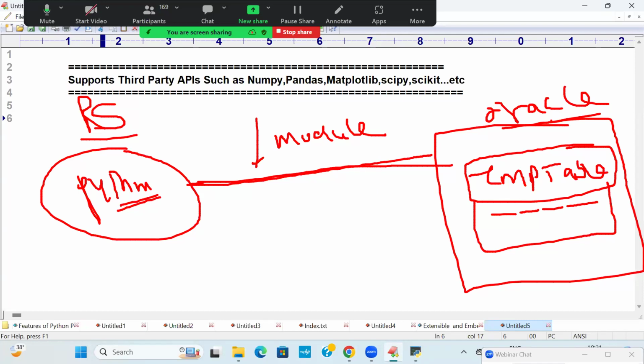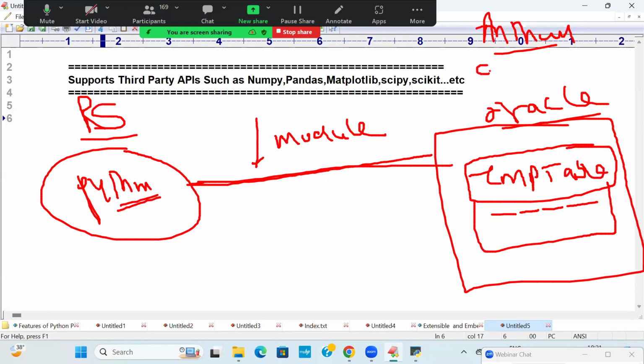So, what next? Since he did not develop one, we cannot stop communicating with Oracle. So what is happening? Some industry expert, some scientist called Anthony developed a module.